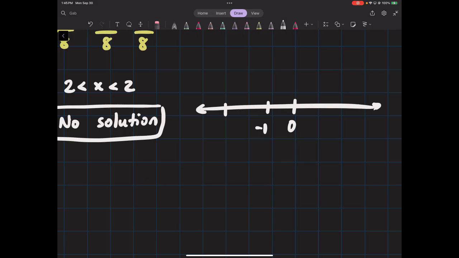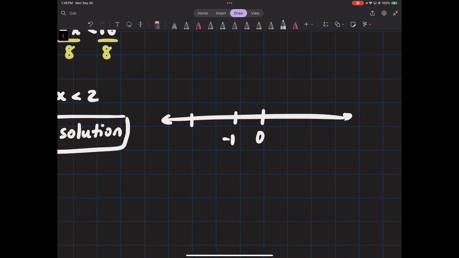Like what's in the middle between negative 1 and 0? Is it negative 1.5? Yeah, there's negative 0.5. And then negative 1.5 is right here. Oh, there's negative 2. So that's technically half of 0. Yeah. Half of 0 means 0 divided by 2, which is 0.